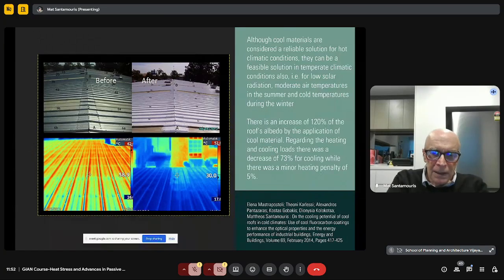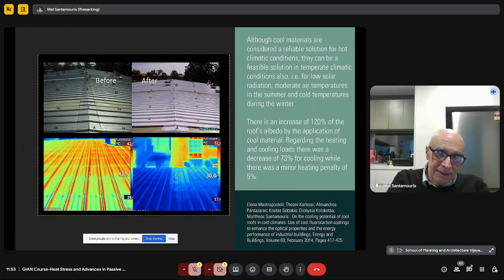While the temperature before, during summer, was close to 50, 60 degrees, after we really decreased the temperature down to 30 degrees. This really helped to improve indoor comfort tremendously and decrease indoor temperature by 2 or 3 degrees. But the most important, it decreased the cooling needs of this building during the summer period by 73%.